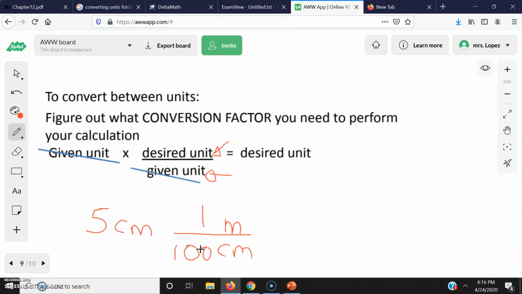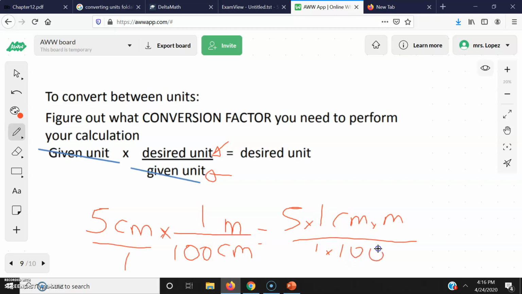So when I multiply fractions, you multiply top with top. Remember the units. Bottom with bottom, this denominator is 1. 1 times 100 centimeters. And then I say, hey, centimeters is canceling out.